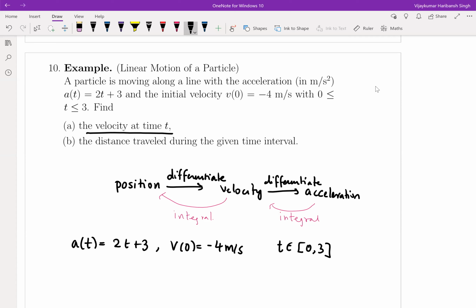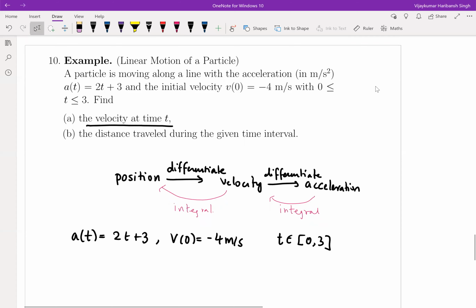So this is the information given to you in short. Now what is the velocity? Velocity is given by v of t, which is the integral of a of t dt. This is going to be the integral of 2t plus 3 dt.